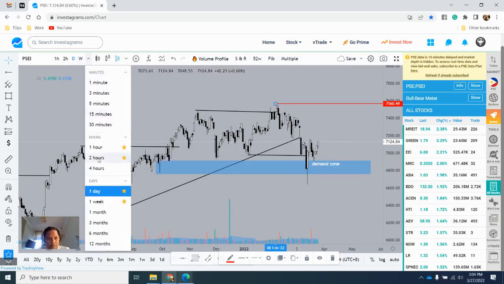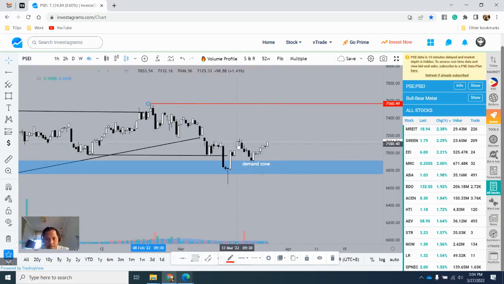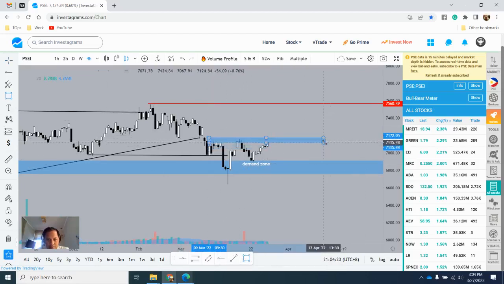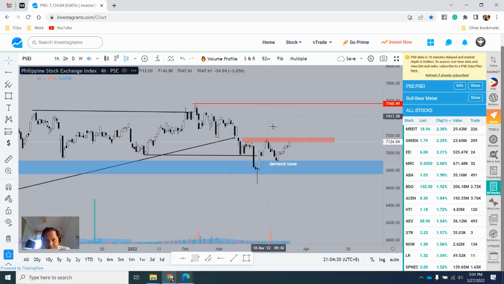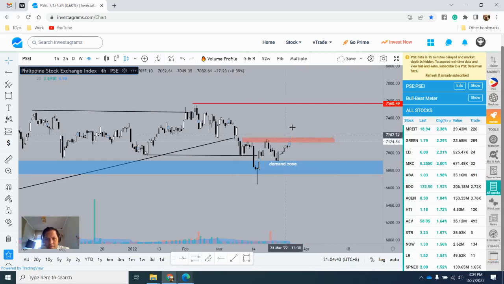So if we go to the lower time frame in order for us to see what is currently the price action, we have here a key resistance level. And we need to break this resistance level in order for us to say that the price might be heading here.